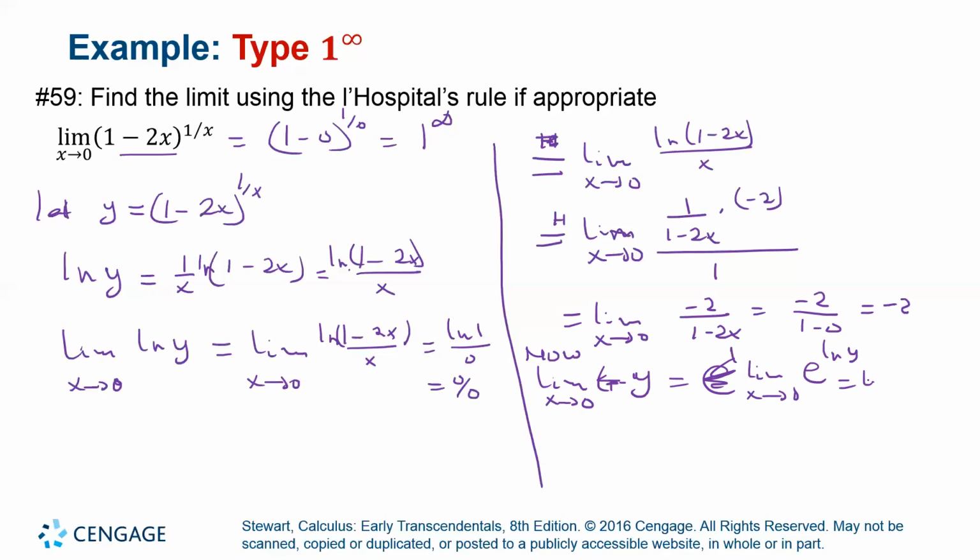What will give us then e raised to the limit as x goes to 0 of natural log of y, which we found to be negative 2. Now, e raised to negative 2 is 1 over e squared.